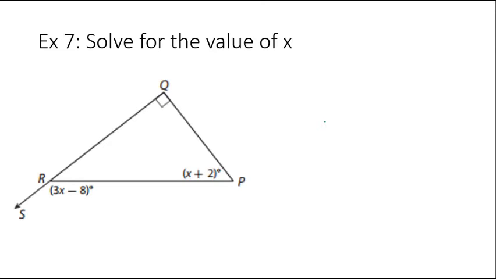Okay, so what we have here is, again, the same setup. We have to first of all figure out what the two interior angles are and our exterior angle. So here on the inside, we have these two. And that should equal, okay, that angle right there.